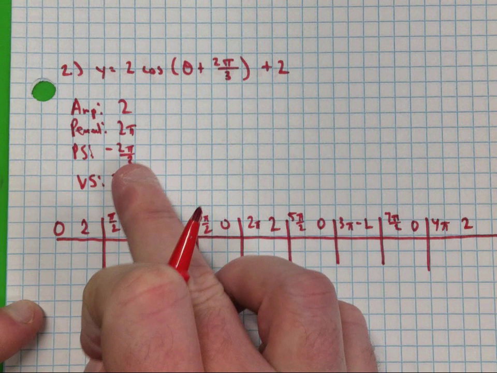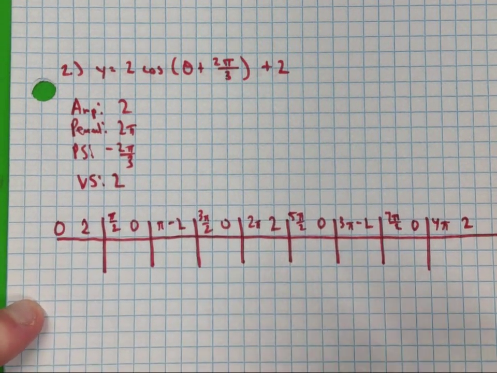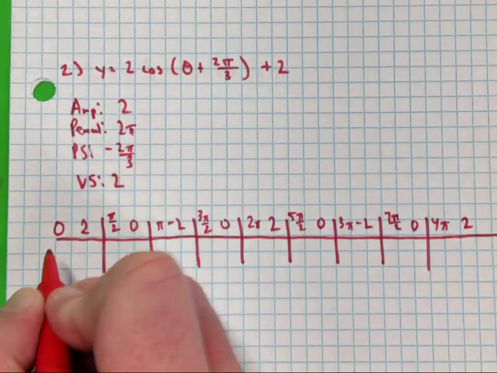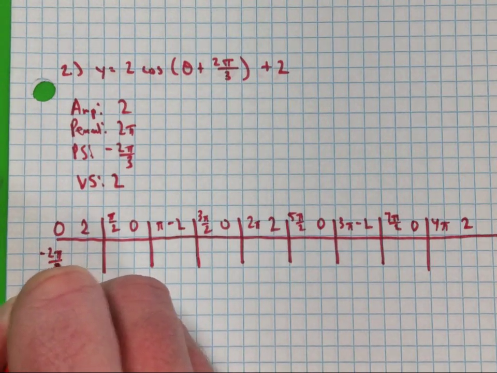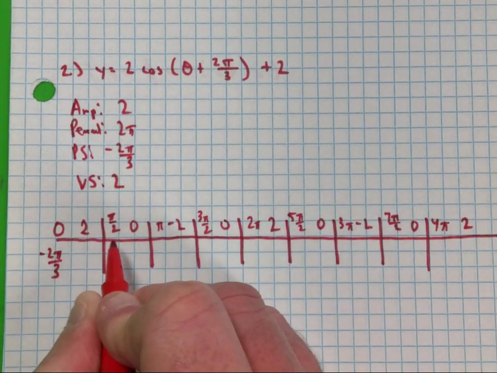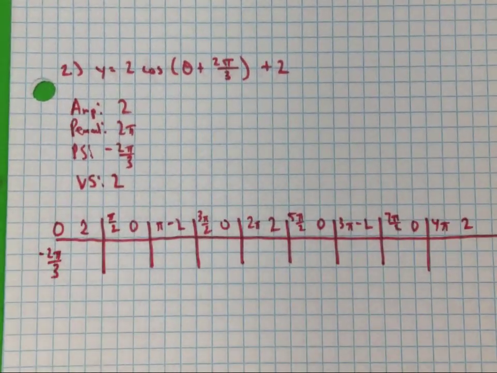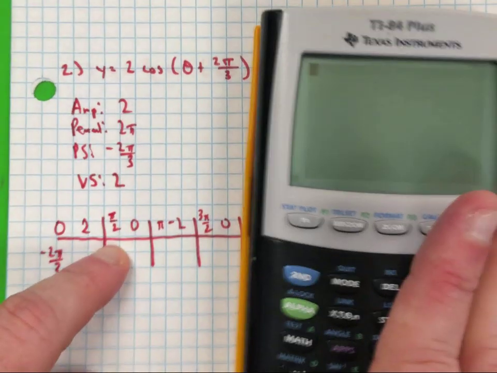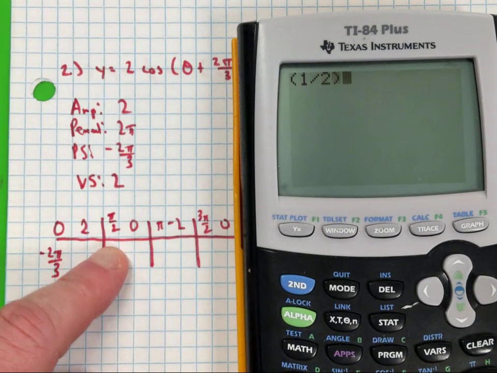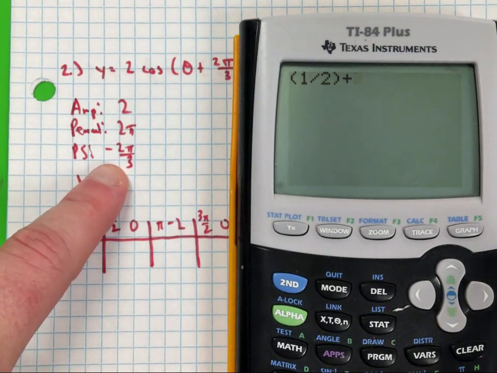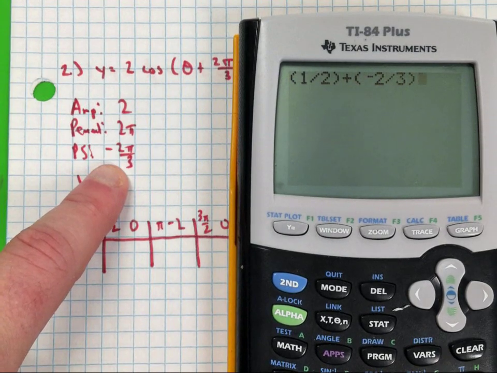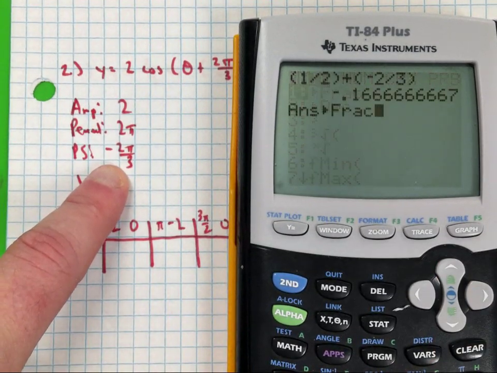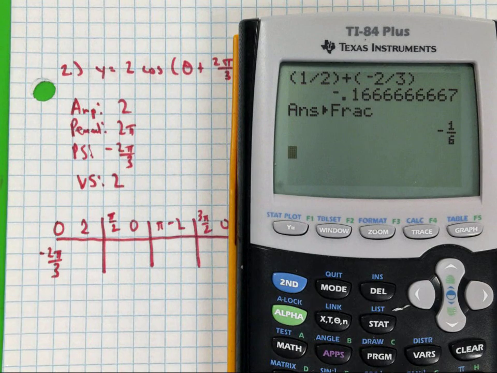Now, I'm going to add the negative 2 pi over 3 to my phase shift. Help me out with this. We're going to try to do this quickly. 0 and negative 2 pi over 3 be negative 2 pi over 3. 1/2. Now, let's just remember, if you do not know how to do this in your head, or you need to do it with the calculator, that's how you do this on the calculator. This is 1/2 plus, change it back to a fraction, so that's negative 1/6.